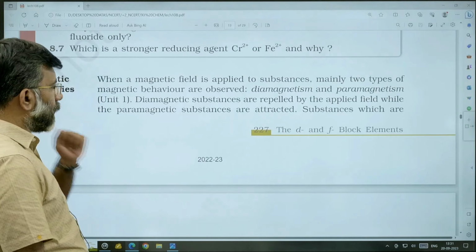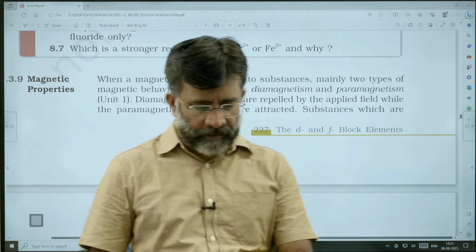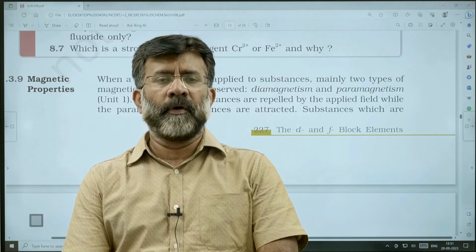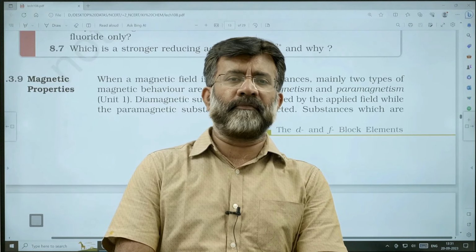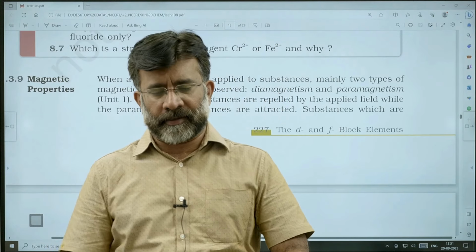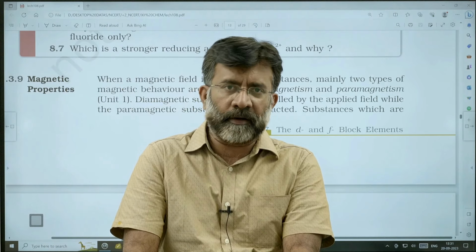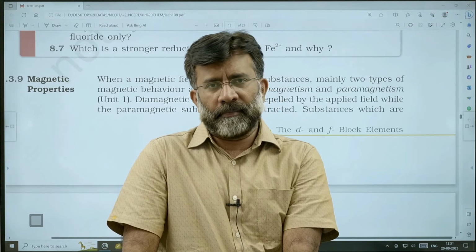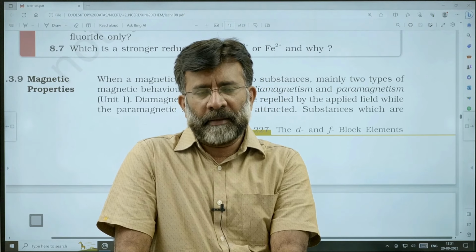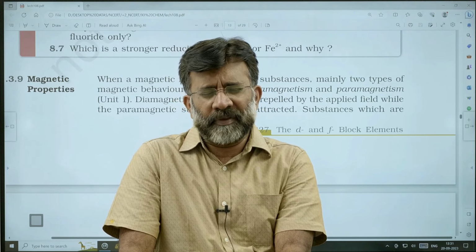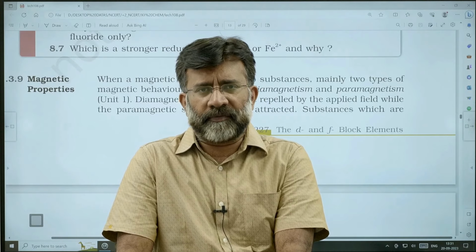Now, magnetic property. Transition metals are well known for their magnetic behavior, an important magnetic character known to all. Paramagnetic substances contain unpaired electrons and are weakly attracted in the magnetic field.